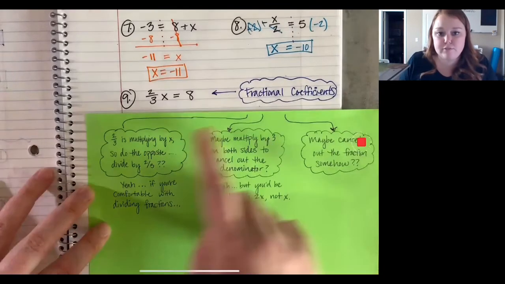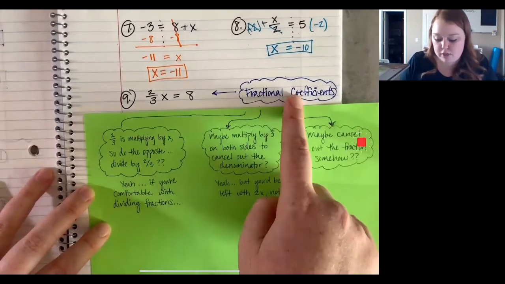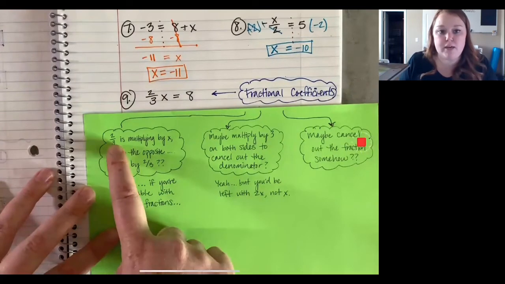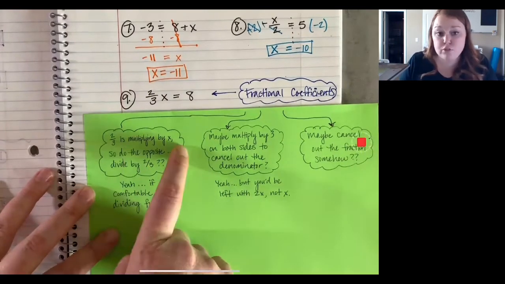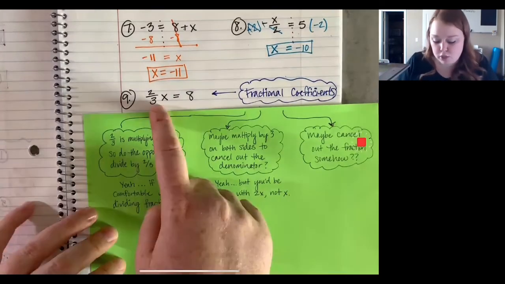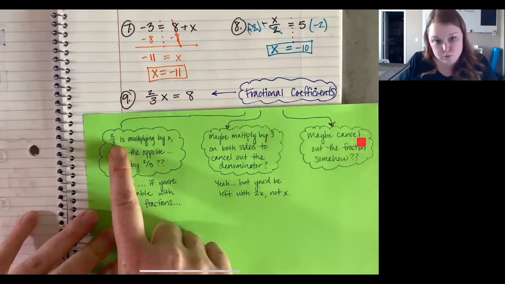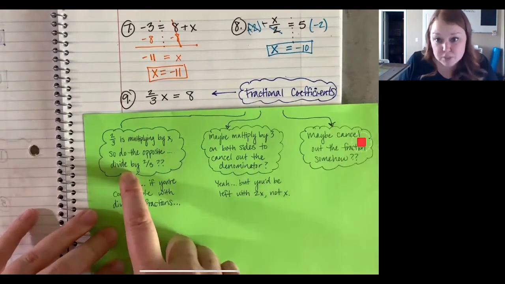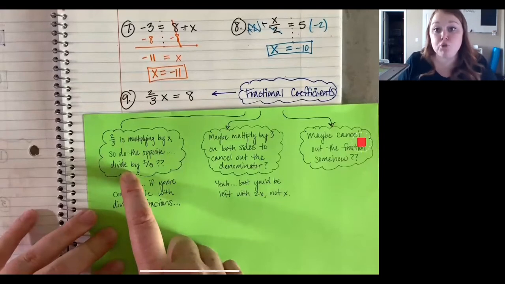So these are little thought bubbles. Some people, when they see fractional coefficients, say, okay, well, 2/3 is multiplying by x. Now that's true. If 2/3 is smashed up with x, it means they're multiplying. So the thinking is, well, if it's multiplying by 2/3, wouldn't I just do the opposite and divide by 2/3? You could totally do that.